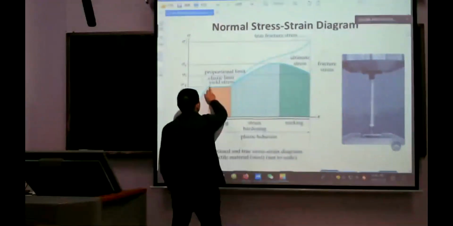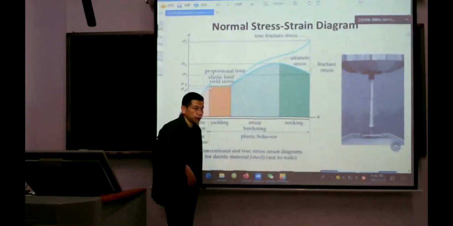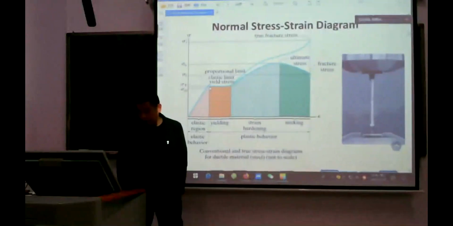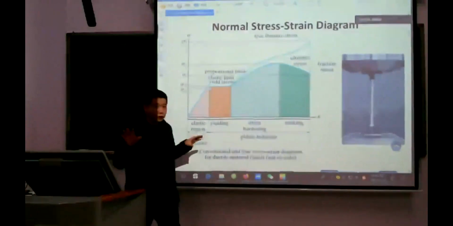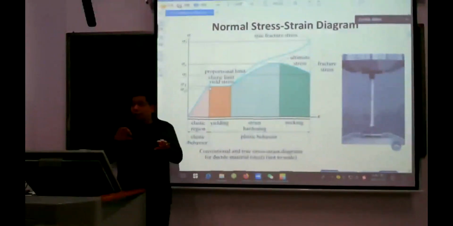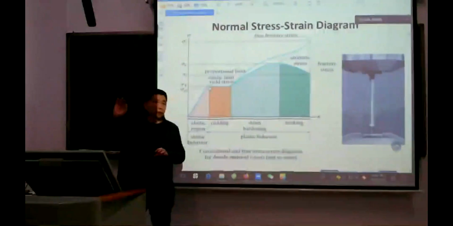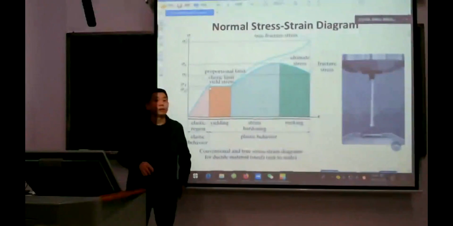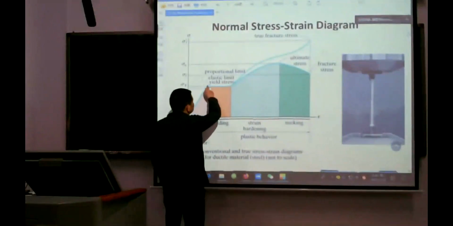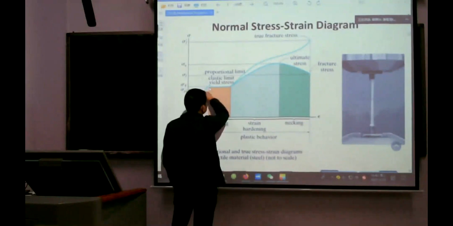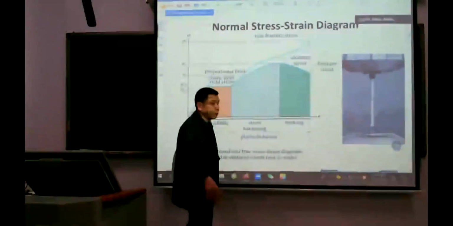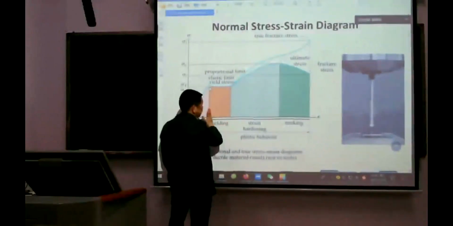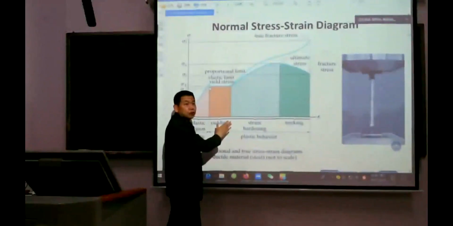So after the stress is more than the elastic limit, the deformation will go up very large, but the stress doesn't go up. It means the line is almost horizontal. The stress doesn't go up, but the strain becomes very large. We call it yield.